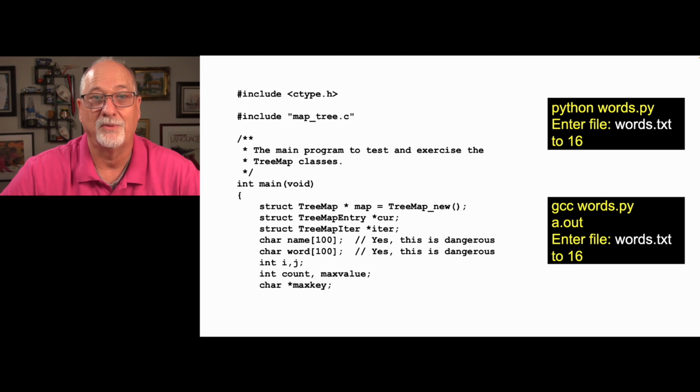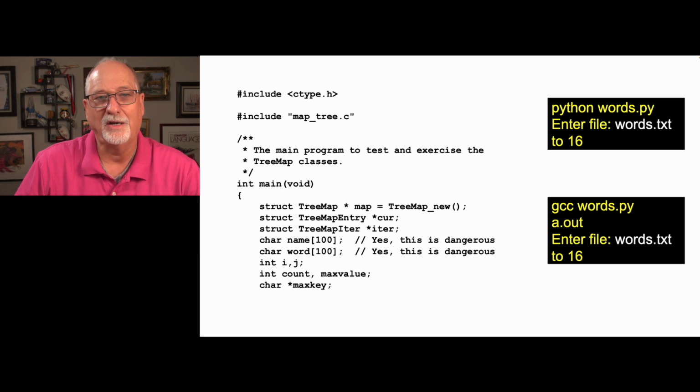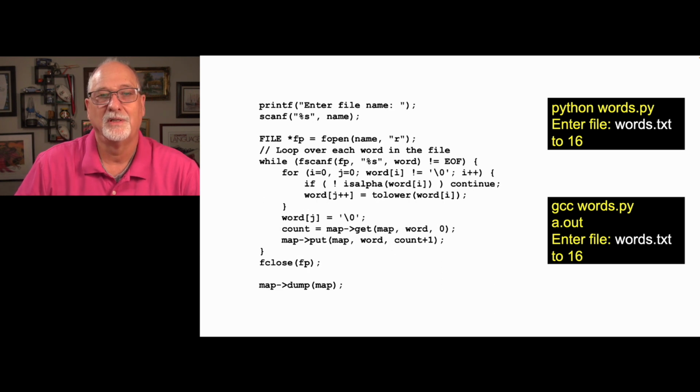We're going to have a tree map iterator. Because we don't have strings, we're going to create a 100 item char array named word. And yes, it's dangerous. We're just not going to be too mean to our code and blow it up, but we could. And then variables like i and j and count, max value and char max key. That's all of our setup stuff.